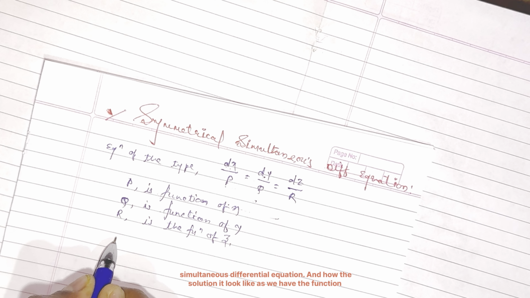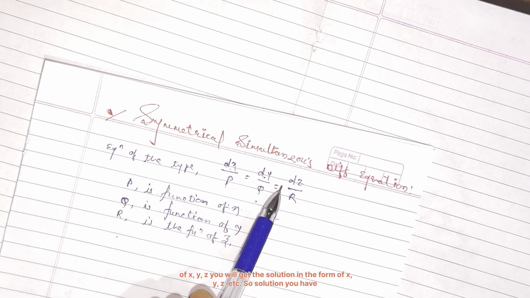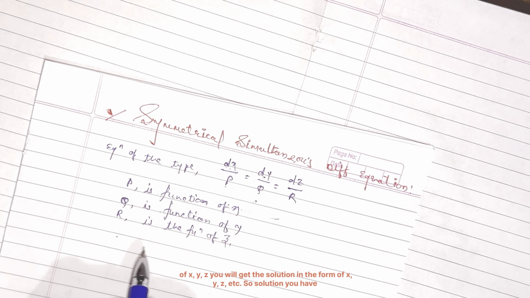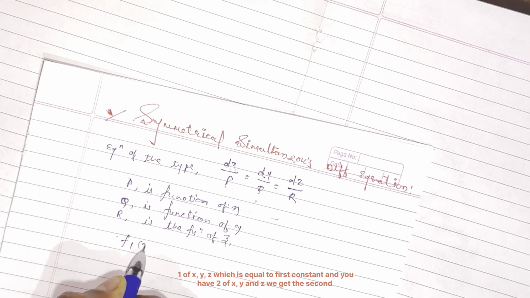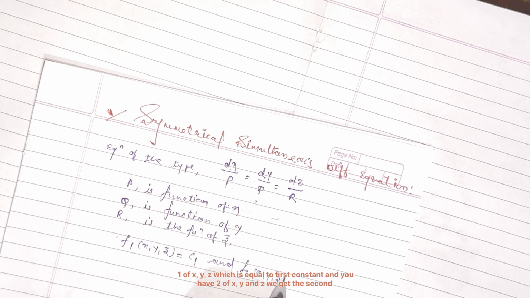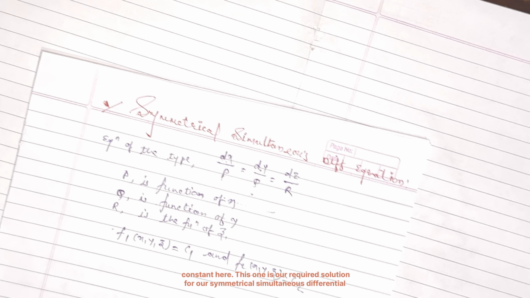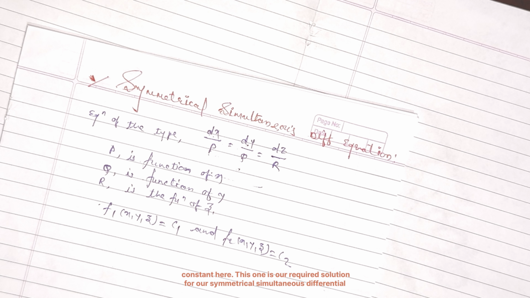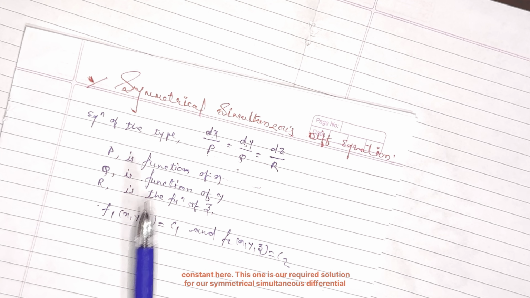As we have functions of x, y, z, you will get the solution in the form of x, y, z itself: f1 of x, y, z equal to the first constant, and f2 of x, y, z equal to the second constant. This is our required solution for the symmetrical simultaneous differential equation.